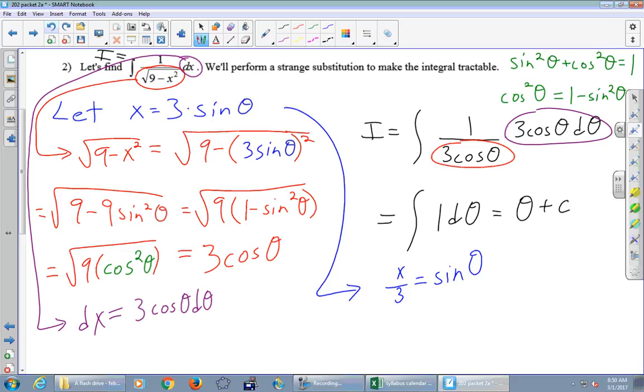And so inverse sine of both sides. And we get theta is really the inverse sine of x over 3. So that means that the integral I, which was theta plus c, is now really this thing plus c. Inverse sine of x over 3 plus c.